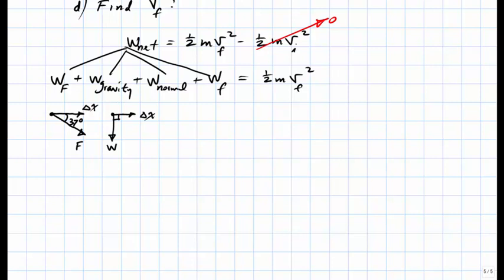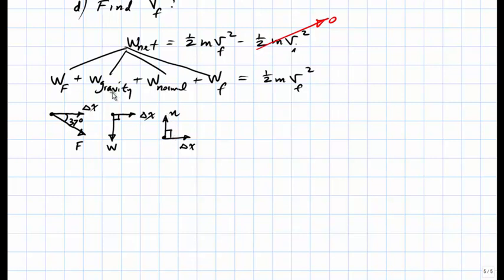The work done by the normal: well, the normal is directed upwards, like this, and the displacement is directed towards the right. Once again, we notice that there's a 90-degree angle, and when you introduce 90 into the cosine function, the work done by the normal will equal 0 as well.